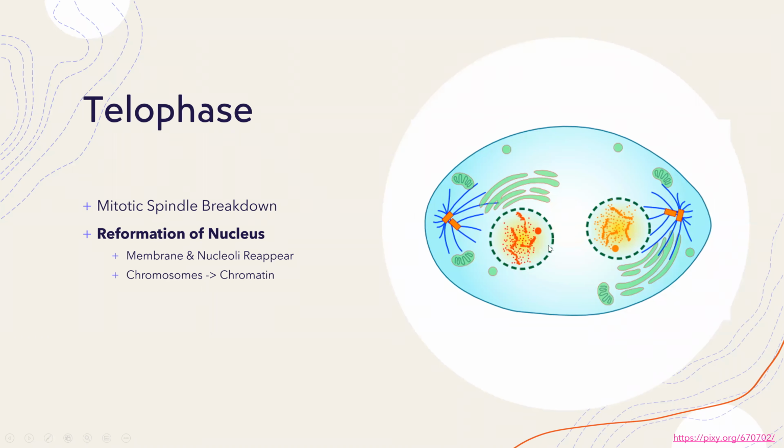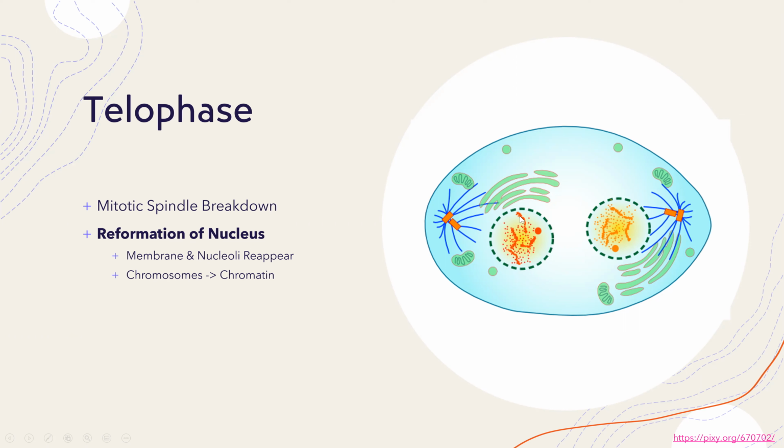So what happens there is the sister chromatids or chromosomes that were pulled apart are now being put into their respective nuclear membranes, and nucleoli form as well to start making ribosomes again once the daughter cell is completely broken up.